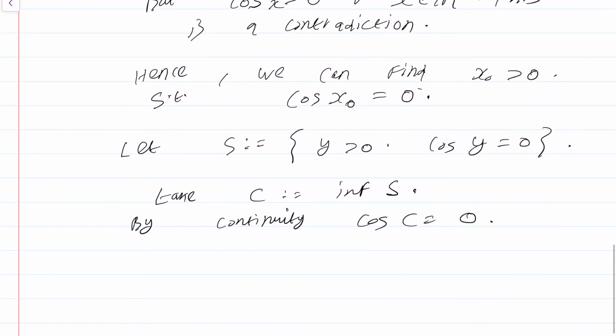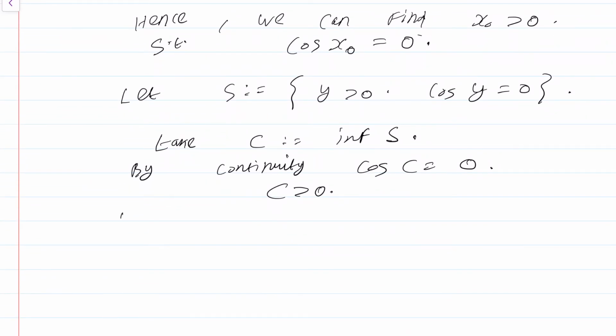And C must be greater than 0 because we know that cos 0 is 1. Because of that, C must be greater than 0. What we do is we define pi to be, by definition, 2C. So essentially what we have found out is that C is nothing but pi by 2, which we are familiar with.